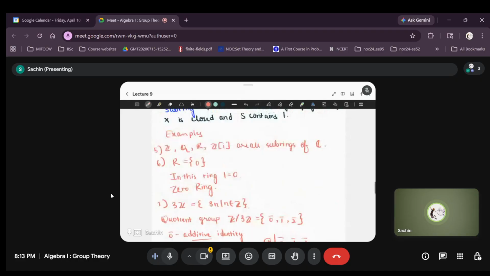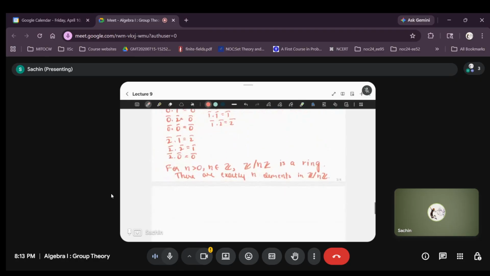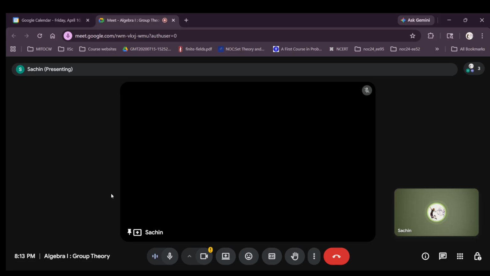Another such one would be considering functions. R is the set of all functions from real numbers to real numbers such that f is a continuous function.